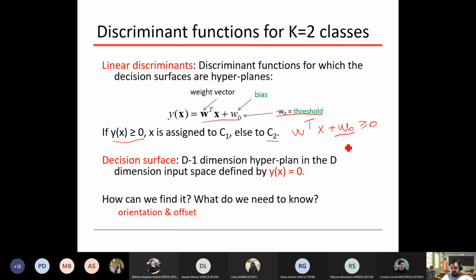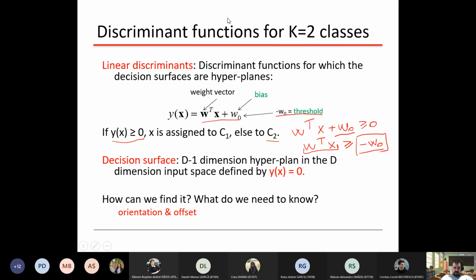This is a real value, so it means that what we need to do, in fact, is to compare this value with minus W0. So actually, that means that we have to compute this product and to compare it with a threshold, right? To see if it's lower or greater than this value. And this is why minus W0 is called the threshold.